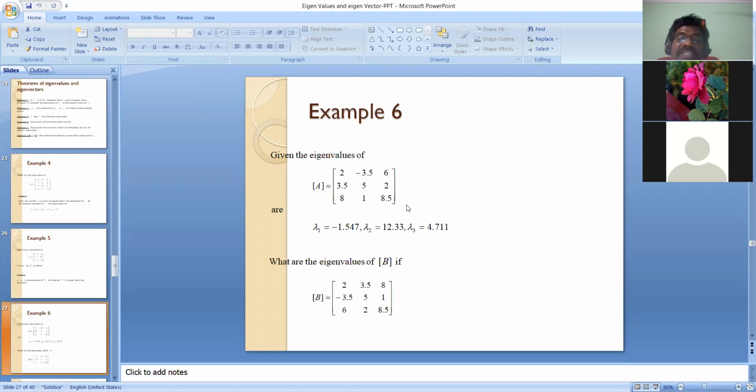The transpose of this matrix A is 2, minus 3.5, 6 as a column; 3.5, 5, 2 as a column; 8, 1, 8.5 as a column.